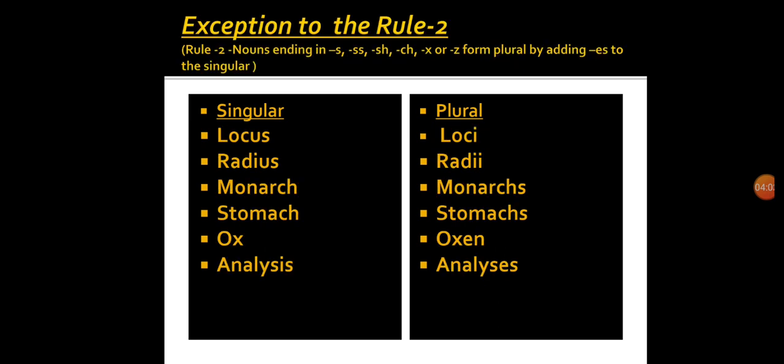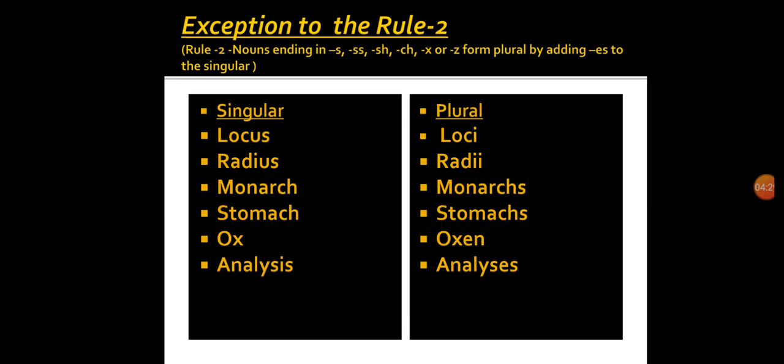Now I come to some exceptions to rule 2. The rule 2 was that nouns that end in s, sh, ch, x, z, we just add es to the singular. But here are some exceptions to this rule. See some examples. The singular is locus, its plural is loci, L-O-C-I.